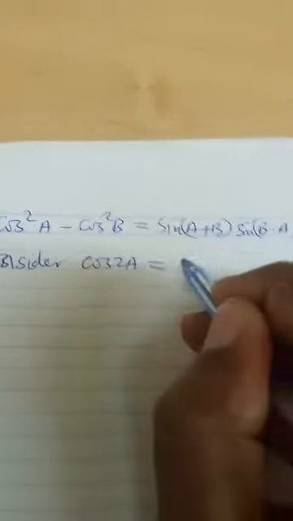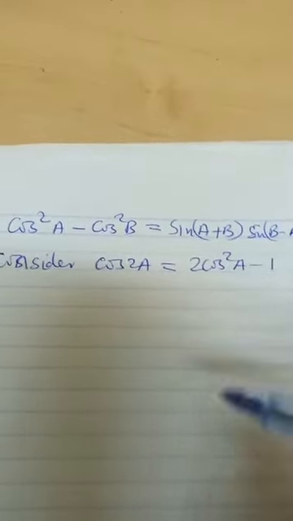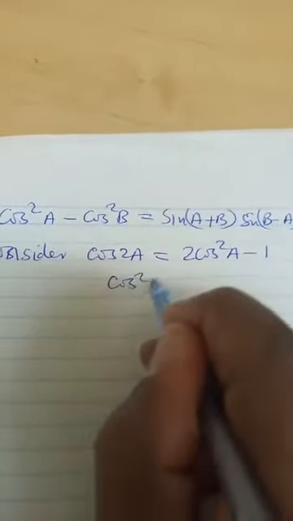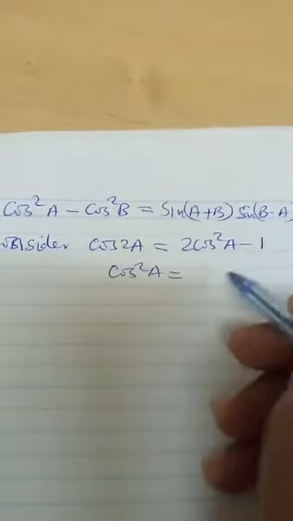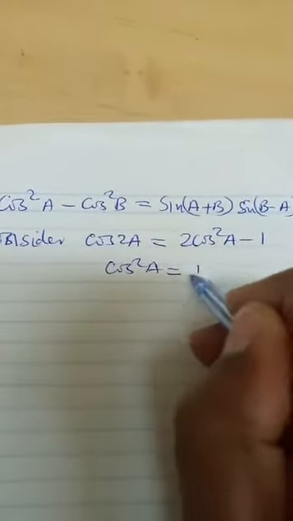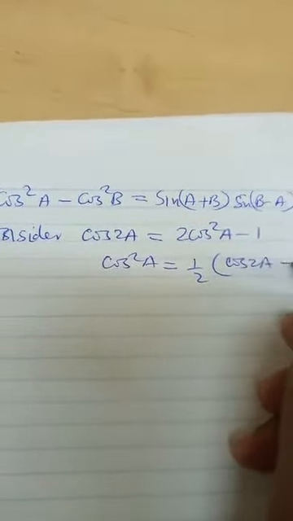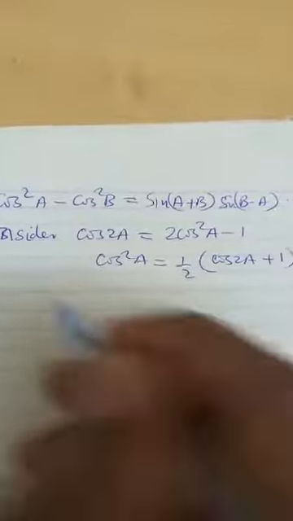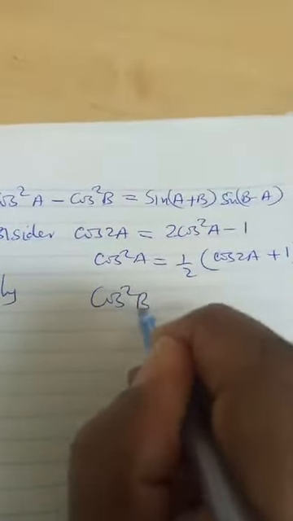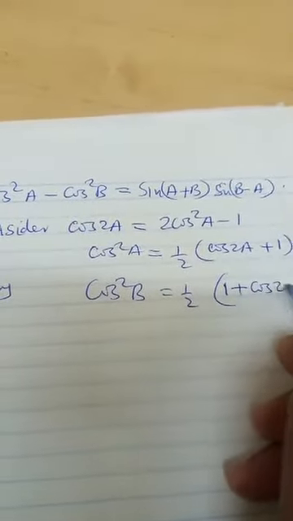Cos of 2A is the same as 2 cos squared A minus 1. So you can make cos squared A the subject here. If we make cos squared A the subject, we shall get it as a half into (cos of 2A plus 1). Similarly, cos squared B is also a half into (1 plus cos 2B).